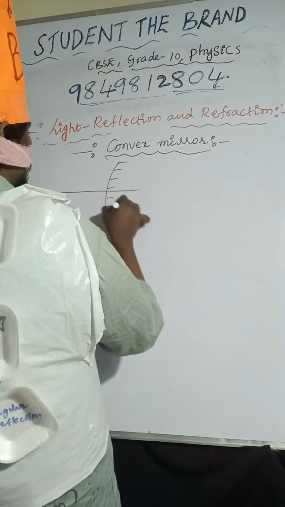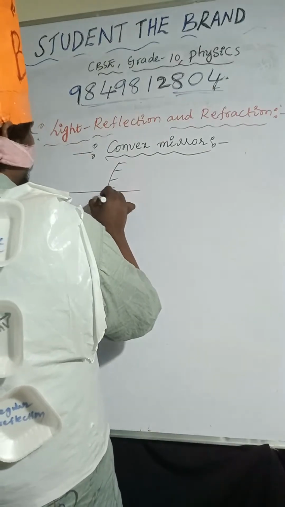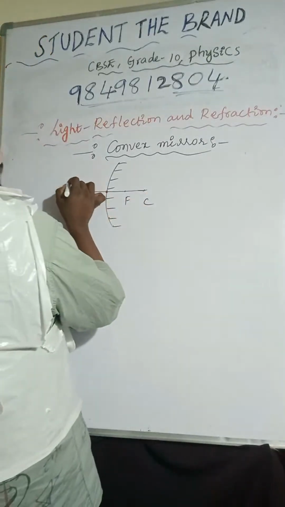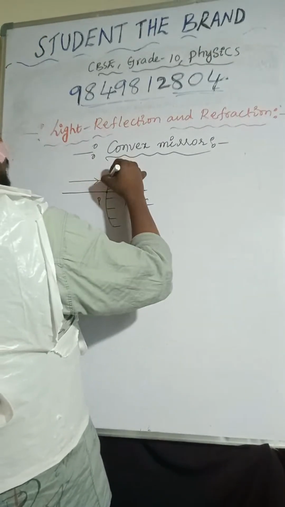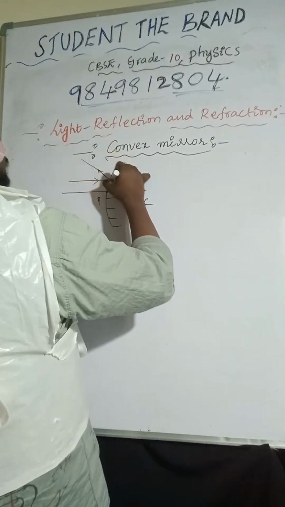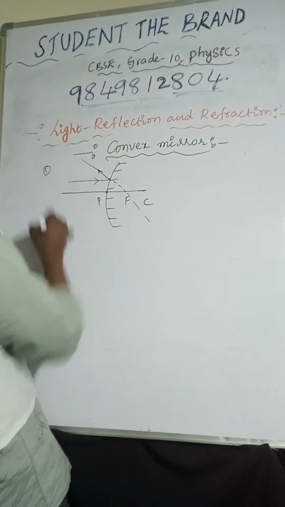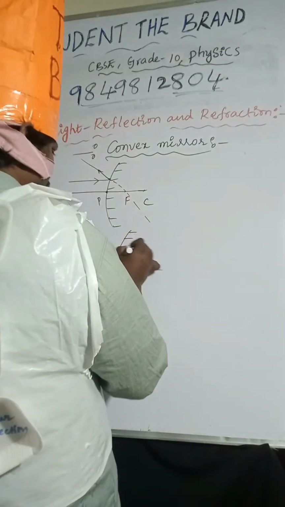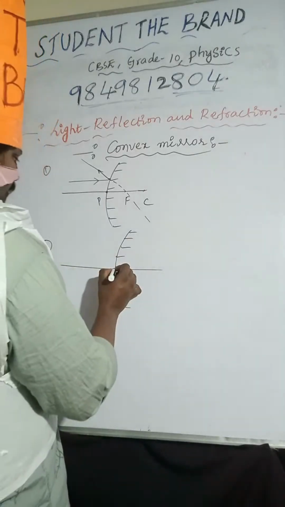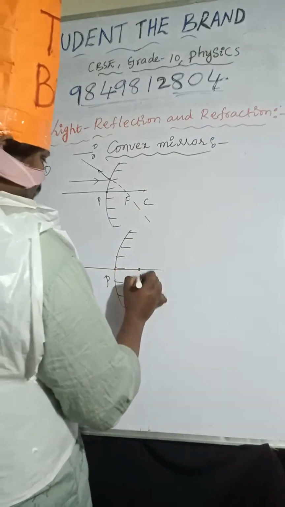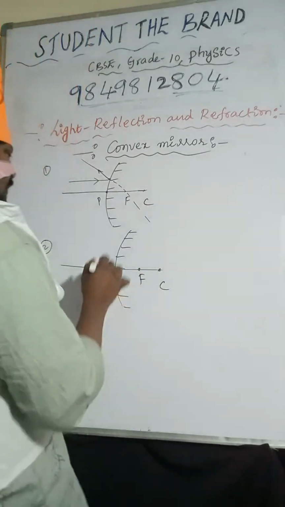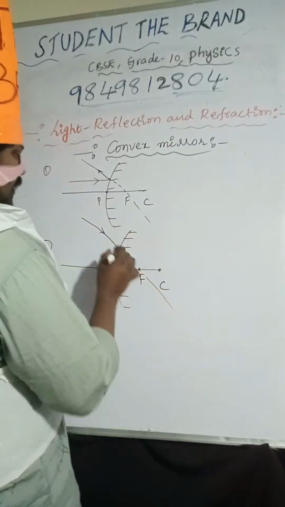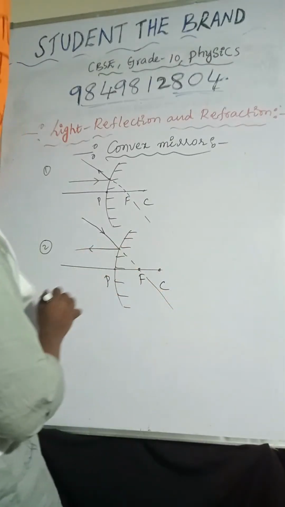With the pole, focus, and center of curvature: light rays coming from infinity, after reflection, appear to pass through the focus. Coming to the second one: light rays passing through the focus, after reflection, move towards infinity.